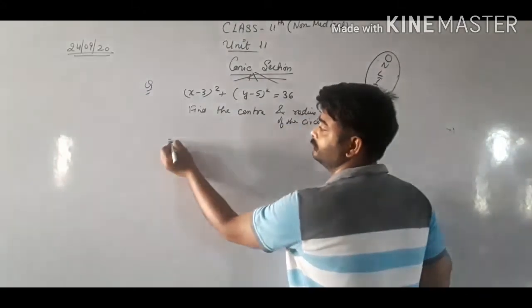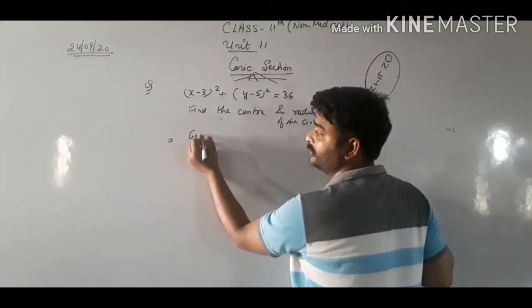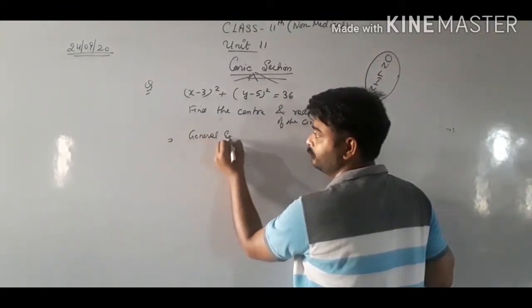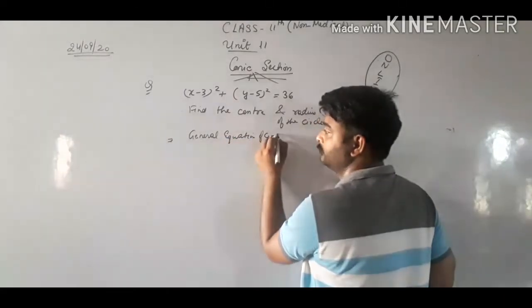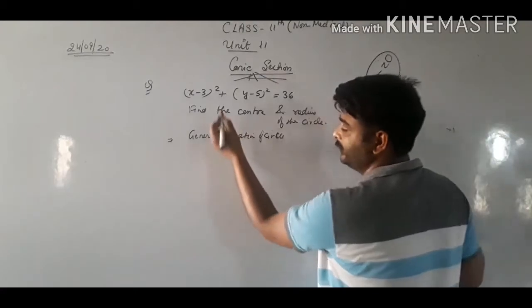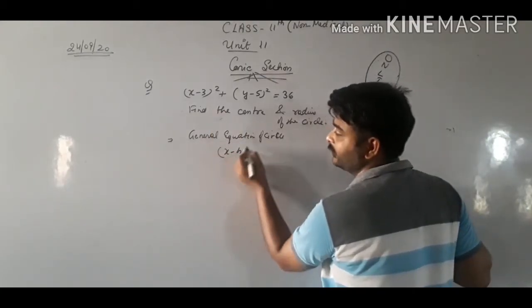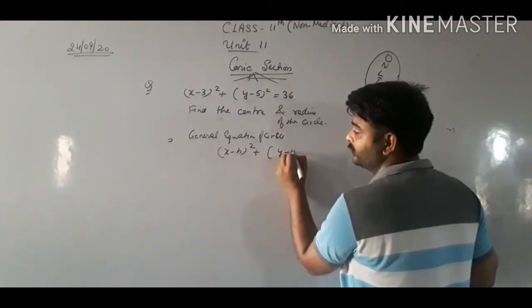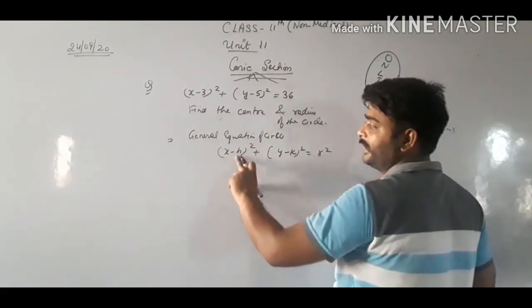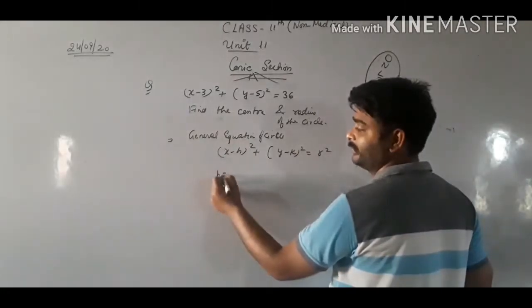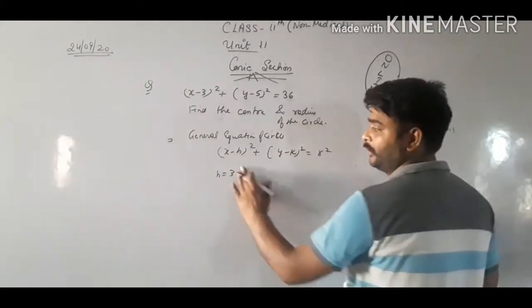Now class, general equation of the circle is x minus h whole square plus y minus k whole square is equals to r square. So what is h class? h is 3. How?